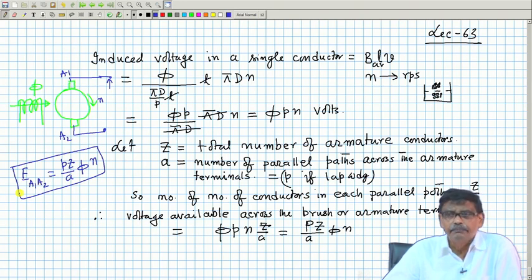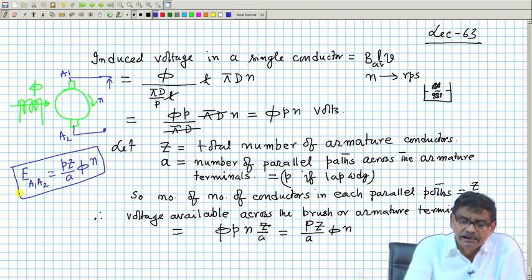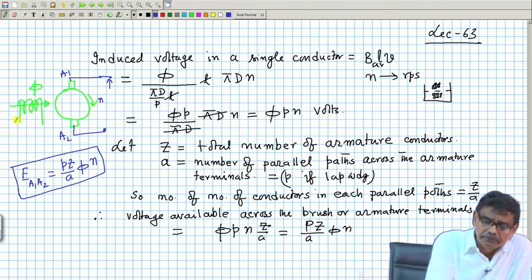And sometimes if the field circuit is assumed to be linear, then this phi can be related to IF by a linear relationship.